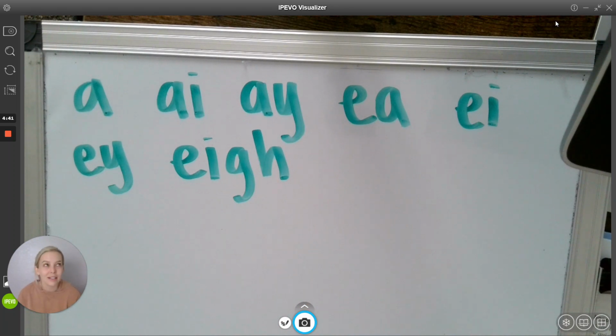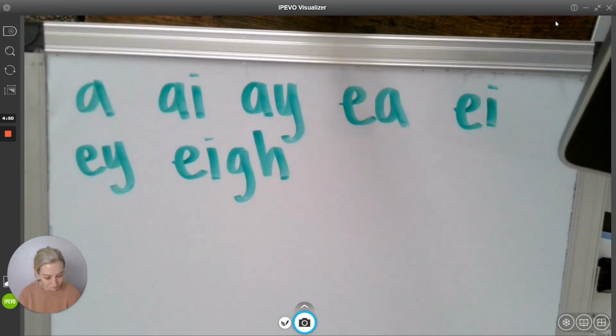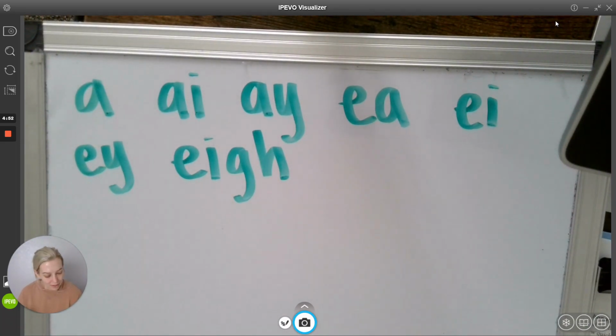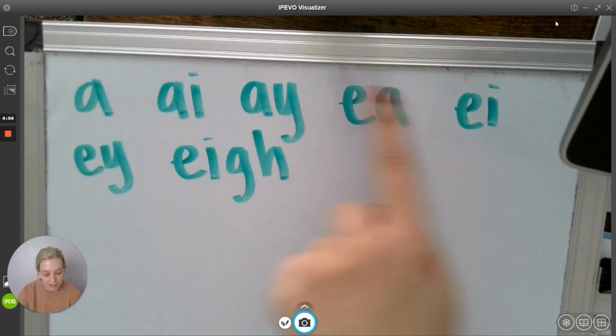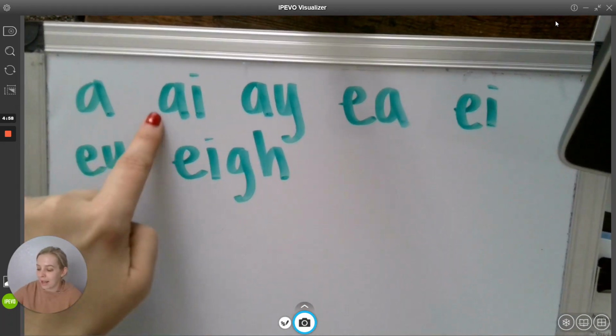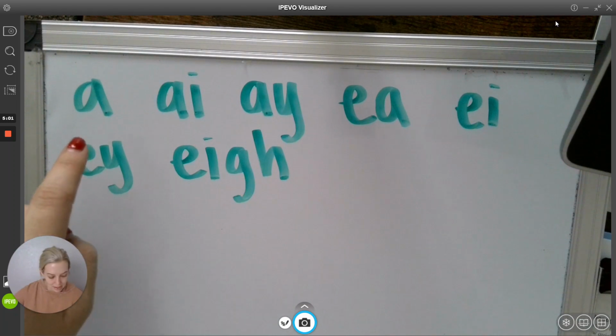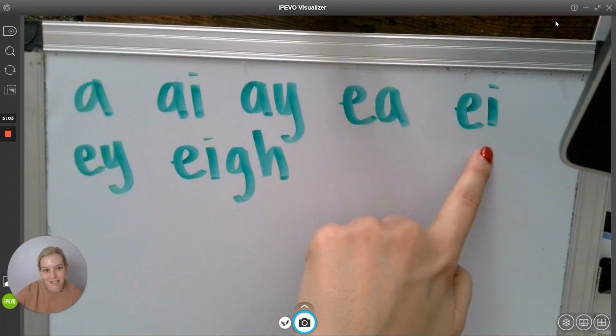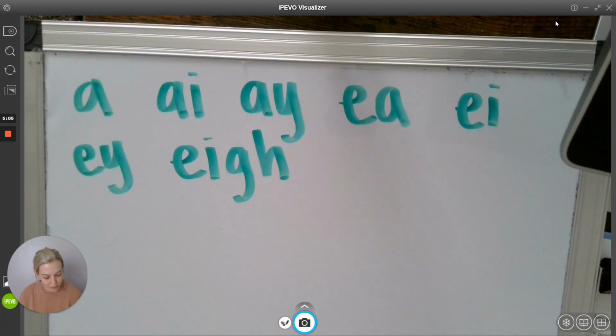Like steak, grate, break, bear, tear, pear. Yeah, good job. And then the other spellings that say long A used in the middle of the syllable are AI, A and EI. Those are also middle of the syllable sounds. All right.